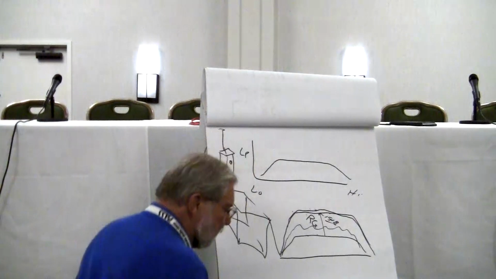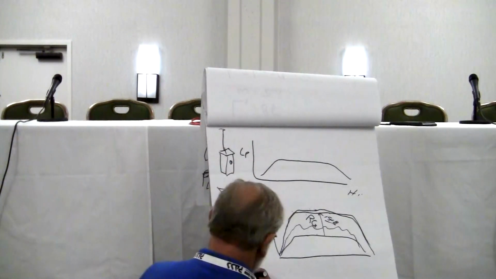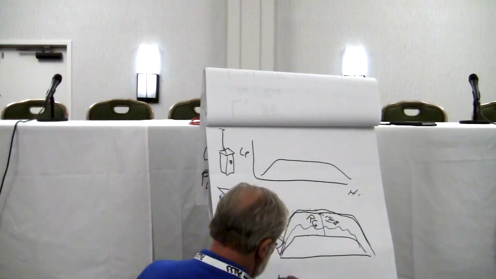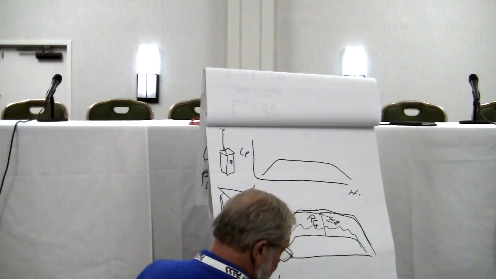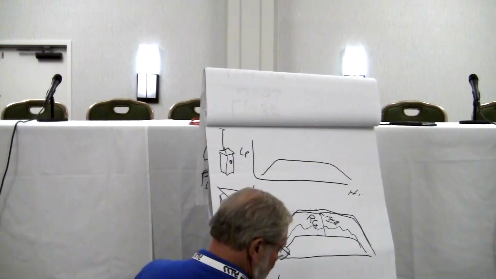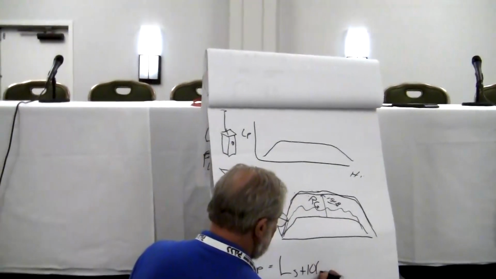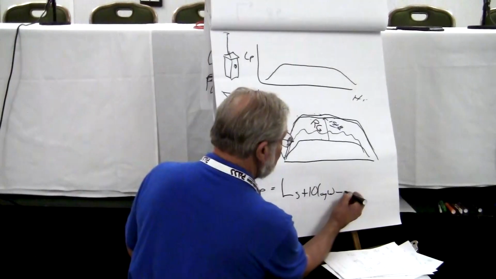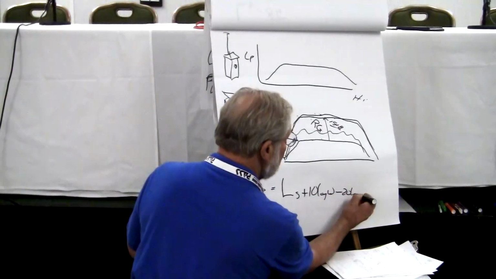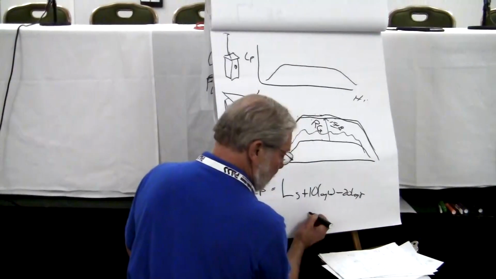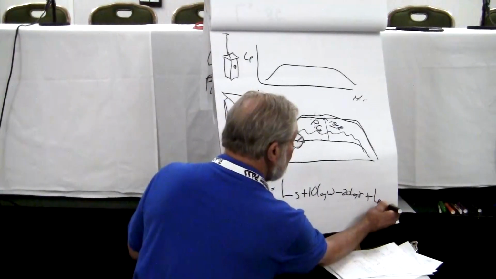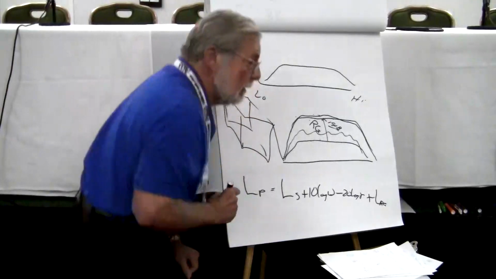Okay, so let's take a look at another equation. The sound level in a room is equal to the sensitivity of the speaker, plus the amount of power going to the speaker, minus how far away you are from the speaker, plus room gain.